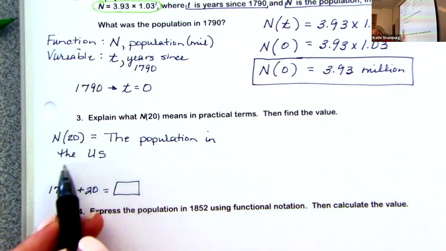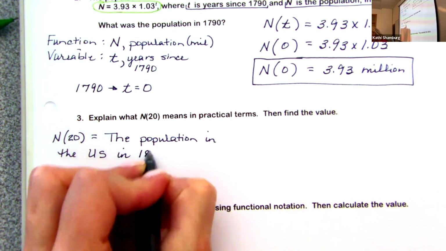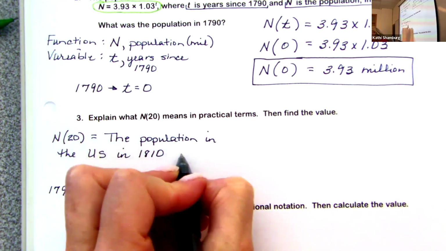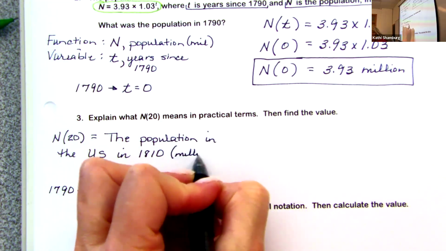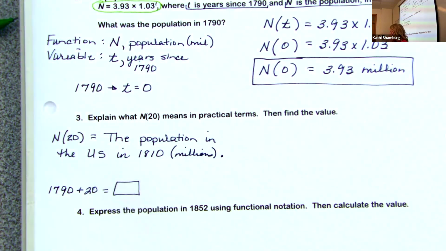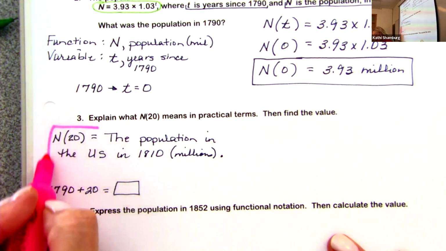So the population in the US in 1810. And I probably should have included, I'll put it here, that we're talking about millions, because I haven't calculated it yet. So somewhere to express that it's in millions. This would be the explain part.